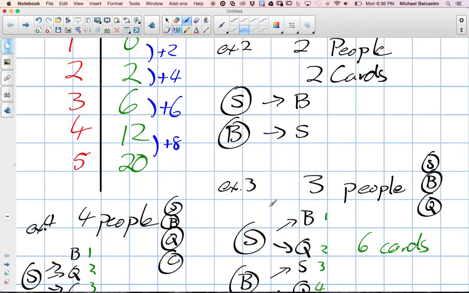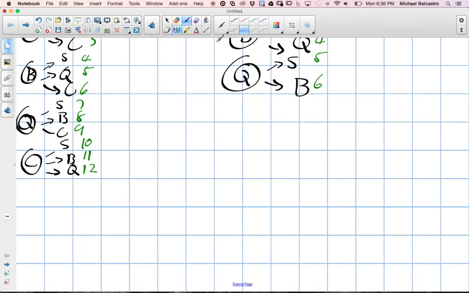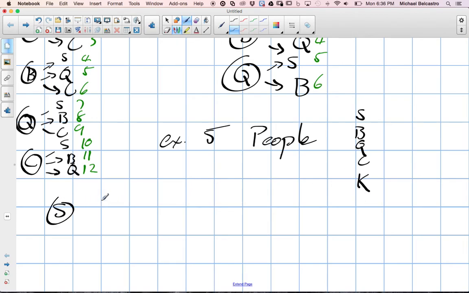So I'm going to test it out. It'll be a little tedious, this example. Example 5, 5 people. Let's see if it works. And I'm going to show you another trick as we're going through this. We had Sandra, Bob, Quincy, Chris, and Kyle. First scenario, Sandra can give cards to 1, 2, 3, 4: Bob, Quincy, Chris, Kyle. That's one scenario.